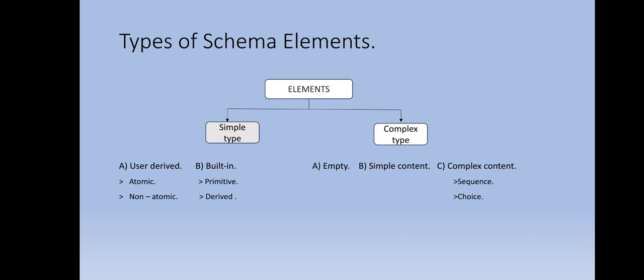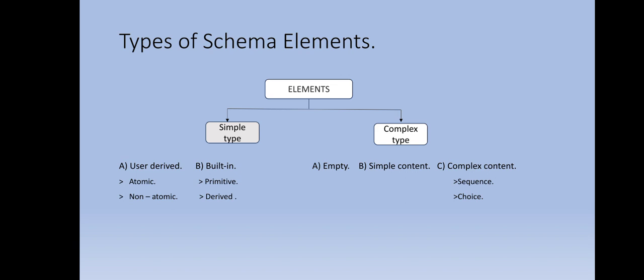Complex type elements can contain child elements and attributes as well as text. By default, complex type elements have complex content, meaning that they have child elements and attributes. Complex elements can be limited to have simple content, meaning that they contain only text, and they differ from simple type elements in that they have attributes.